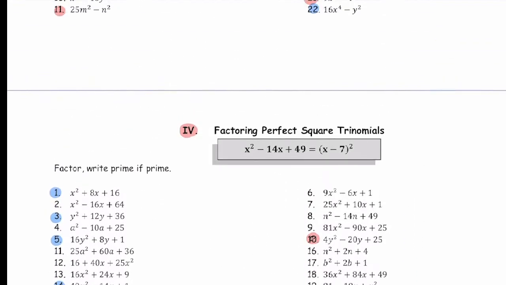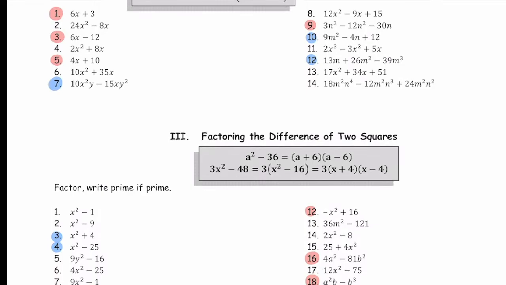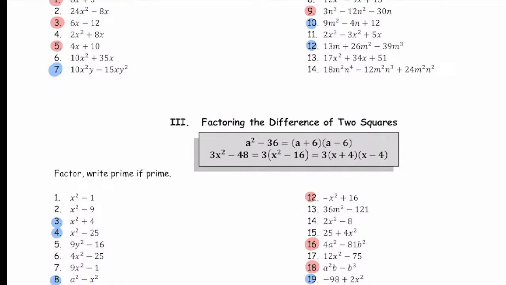Okay, Nicole, which one are you talking about? Are you talking about the difference of squares here, like part 3? Please quote the Roman numeral. Which one are you referring to, 3 or 4?